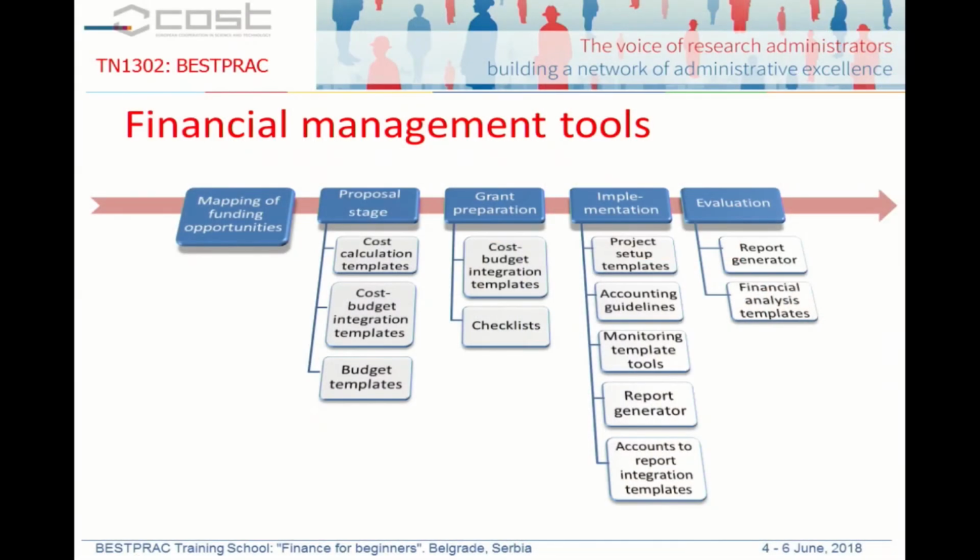And then a few words about tools that we could use for these purposes. I have not put up a tool for the first stage here, the mapping of funding opportunities. For the proposal stage, what we should have, and if we don't have it, we should develop it. If we start working on proposals for Horizon 2020, we should develop our own cost calculation templates, because you most likely have a cost structure and an accounting structure internally, which is different from the cost categories that Horizon 2020 uses.